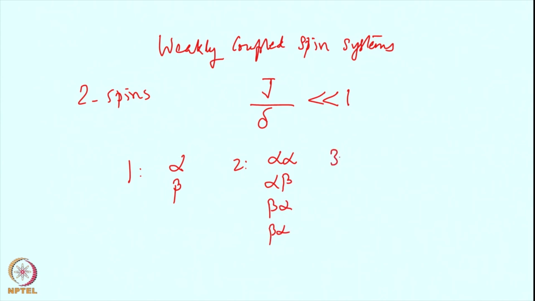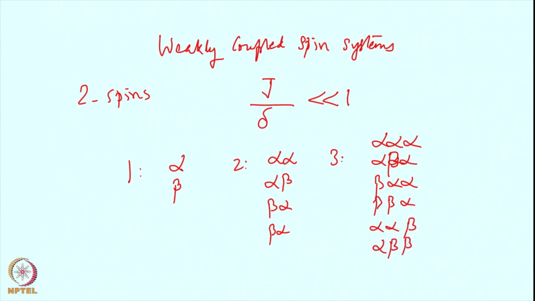For three spin systems, we will have products of three functions: alpha alpha alpha, alpha beta alpha, beta alpha alpha, beta beta alpha, and then alpha alpha beta, alpha beta beta, beta alpha beta, beta beta beta.